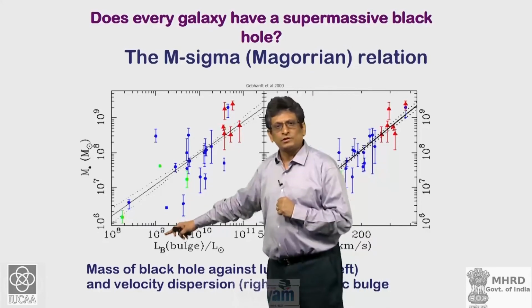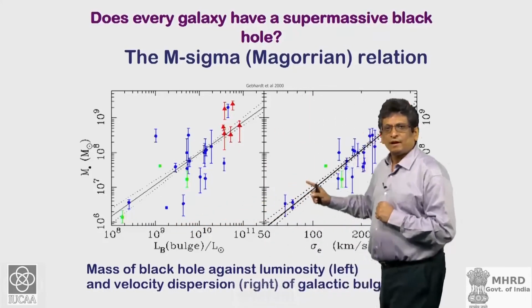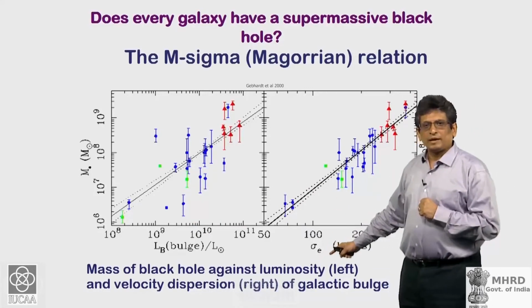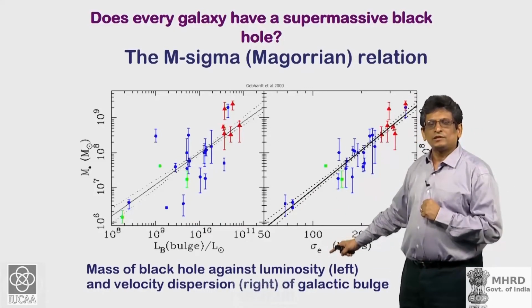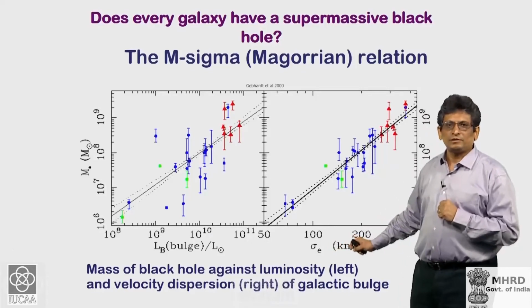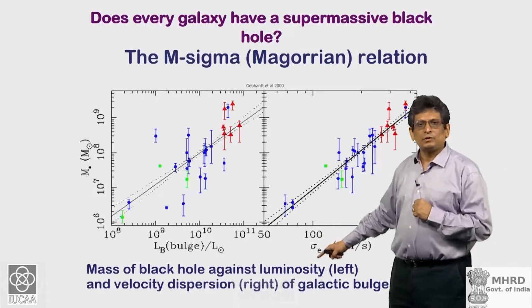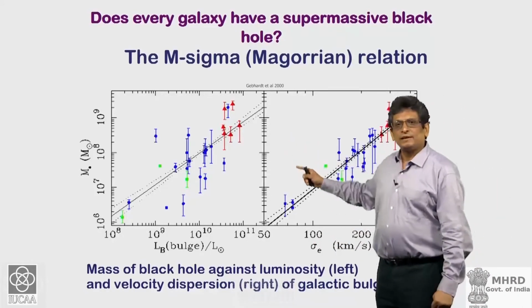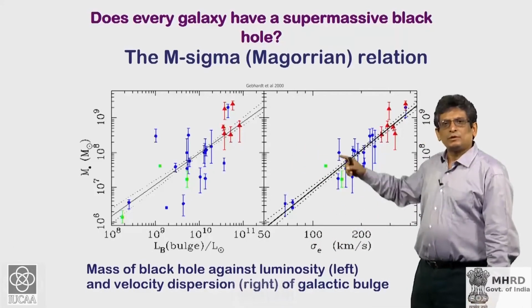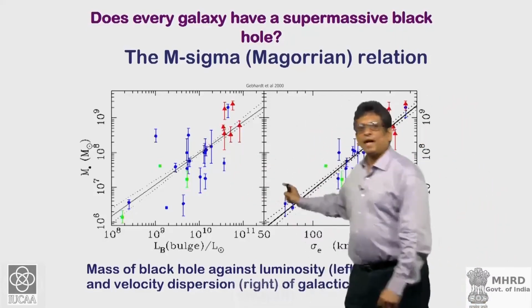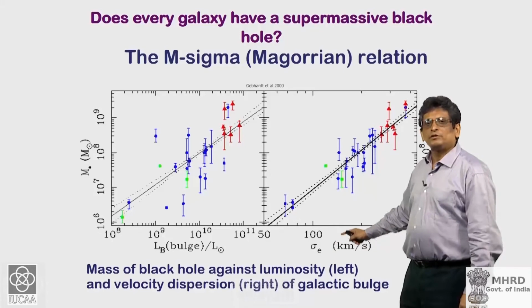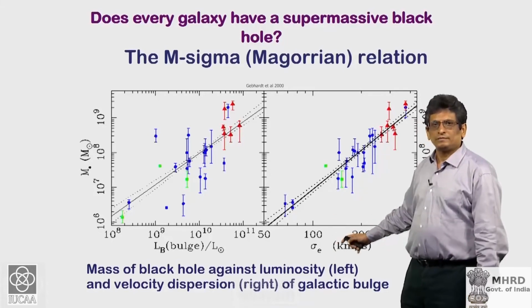In this case, it's the luminosity. And in the other plot here, the x-axis is the velocity dispersion of stars in the bulge. That correlates directly with the mass, as you know, of the galaxy. And so here is a very tight correlation between the mass of the central black hole and the mass of the bulge measured through the velocity dispersion.